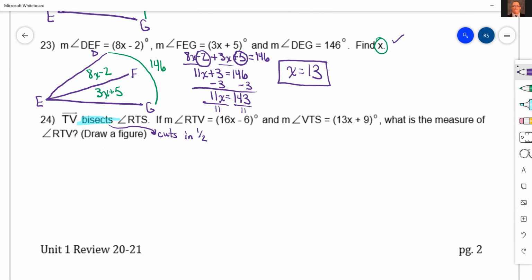So I need to draw an angle out here. Big old angle. We have RTS. TV bisects it, so it cuts it exactly in half. So this piece, the bottom, is equal to the top. That's what bisects means. Those two are equal to each other.